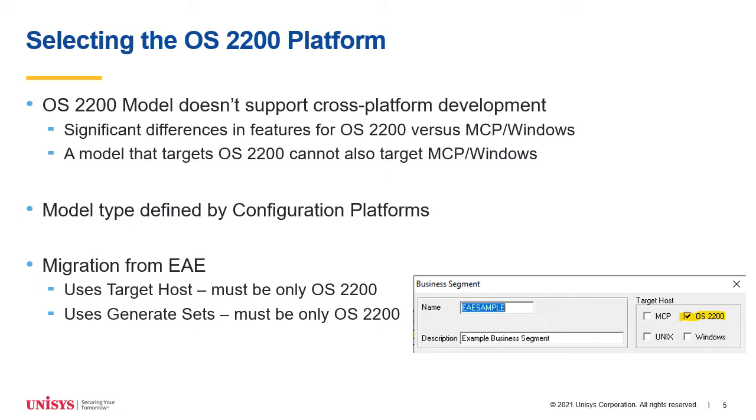If you do try to migrate a model that has a mixture of either target host settings or generate sets, then the migration will actually prioritize MCP and Windows, and it will drop the OS 2200 generate sets and target host setting.